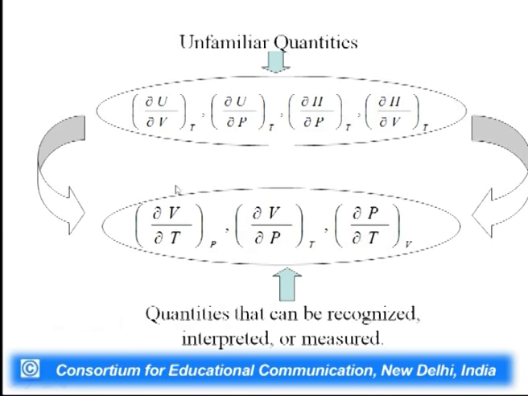So if we know the value of these three quantities, we can go back and calculate how internal energy changes with volume at constant temperature, or how internal energy changes with pressure at constant temperature. So these are unfamiliar quantities, and we want a relationship between these unfamiliar quantities and familiar quantities, which can be recognized, interpreted, or measured.